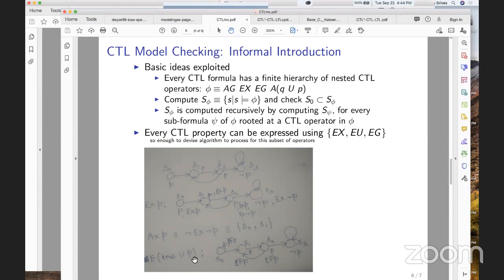If P is true in a state, F of P is obviously true in that state, correct? So as the second step, after you have labeled all the states with P, you add E of F of P to every state in which P is true, because F of P is trivially true in those states.